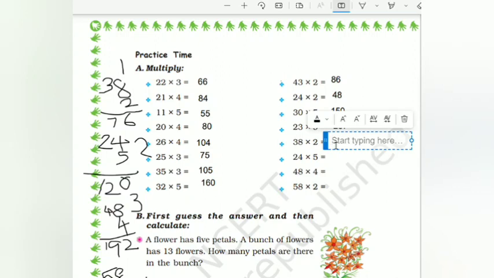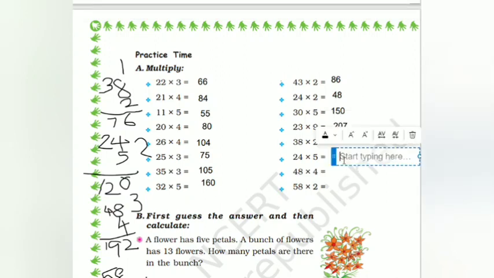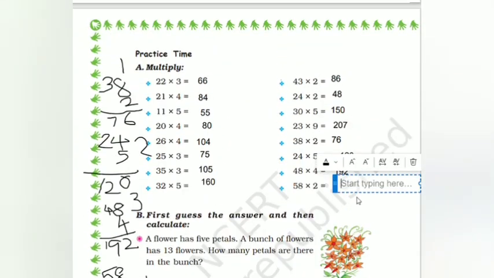Again 38 multiplied by 2, 76. 24 multiplied by 5, 120. 48 multiplied by 4, 192. 58 multiplied by 2, how much is it? It is 116.